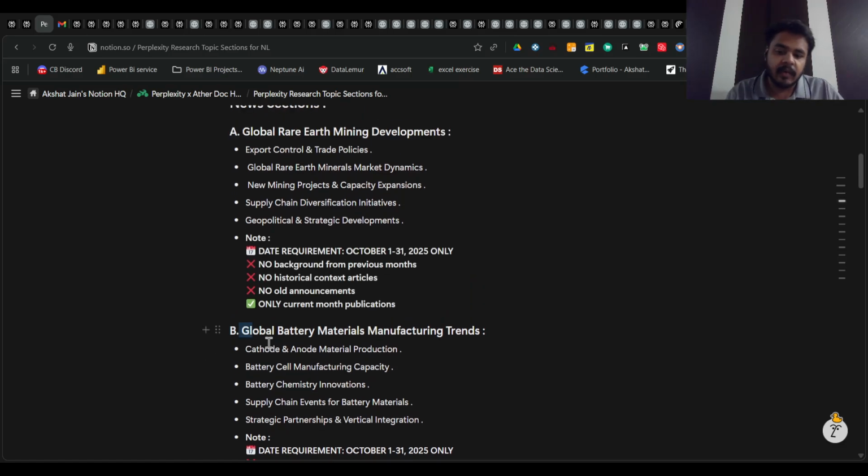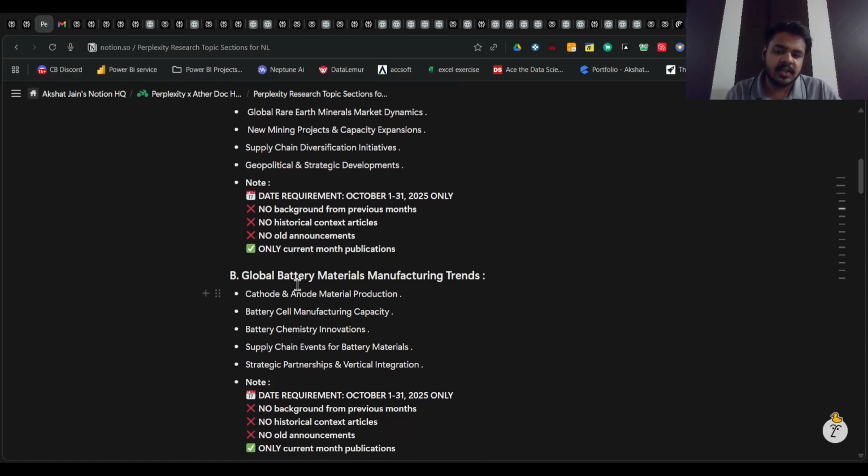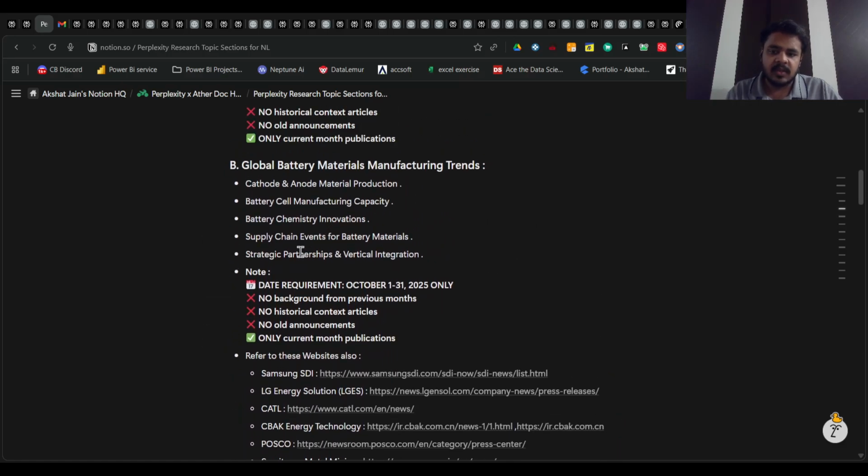Secondly, section B should have global battery materials and manufacturing trends. What are the trends going on in the battery space, EV battery space, like anode material production, cell manufacturing capacity, you know, all these things, vertical integration, strategic partnerships, all this.